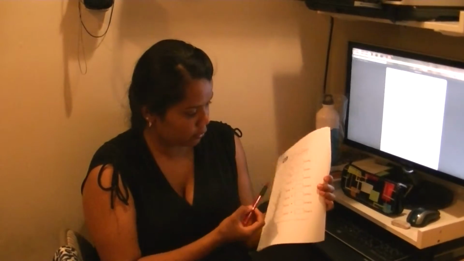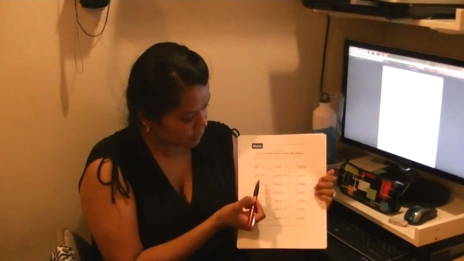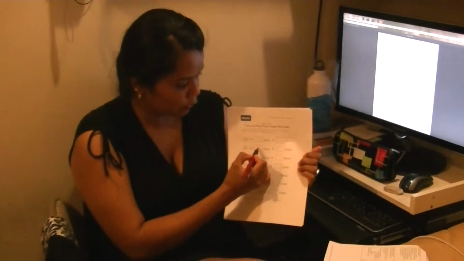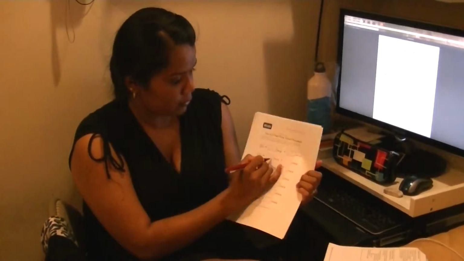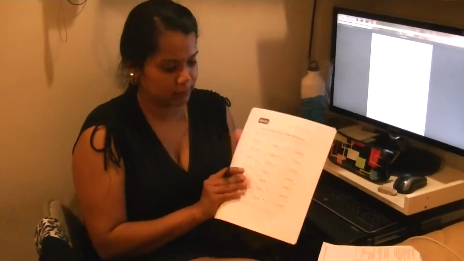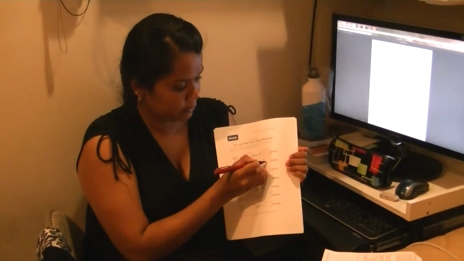We are given the number 21. The 1 is in the ones place, and the 2 is in the tens place, so we write 2 tens, and we just write the number 1 for the ones place because there's only 1.